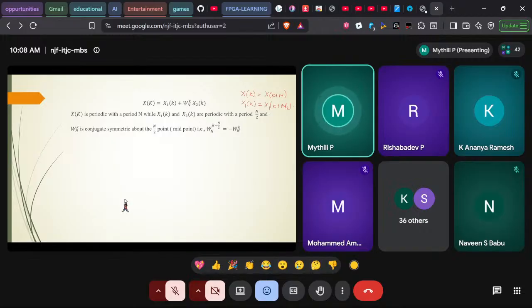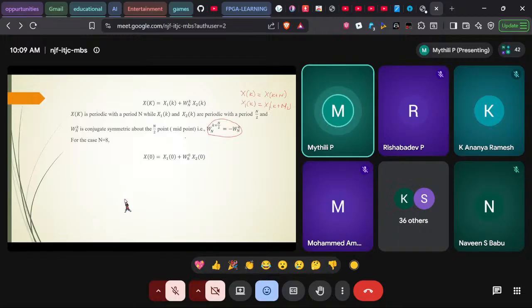And this W also has a conjugate symmetry. So we can write W N by 2 of N of k plus N by 2 will be minus W N of k. You can substitute and check that. It's a conjugate symmetry.